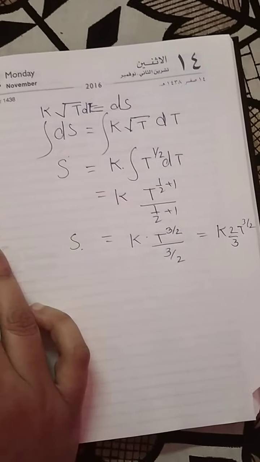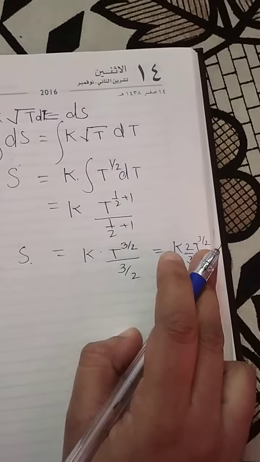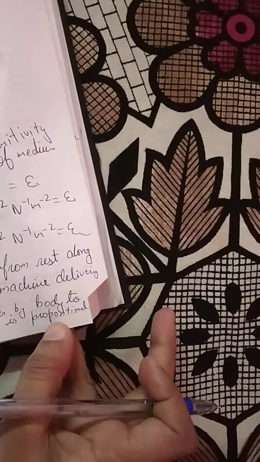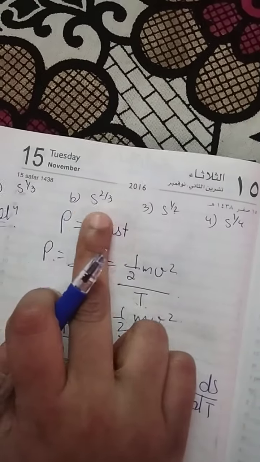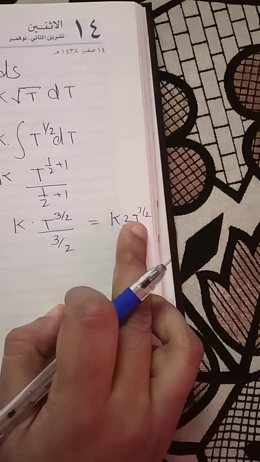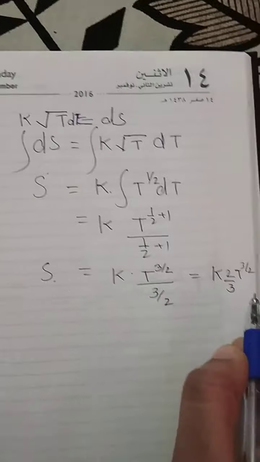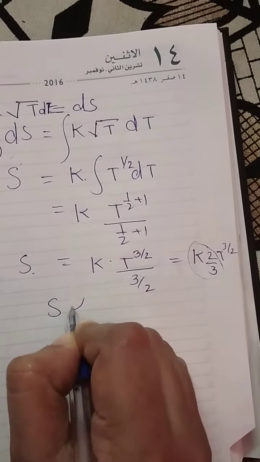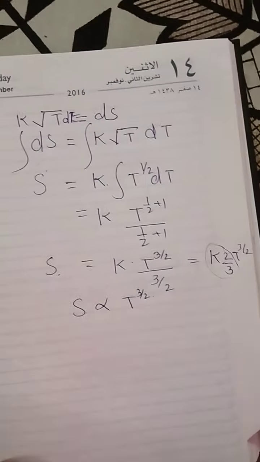So s is proportional to what? This is all constant, this is constant, so s is proportional to t to the power 3 by 2.